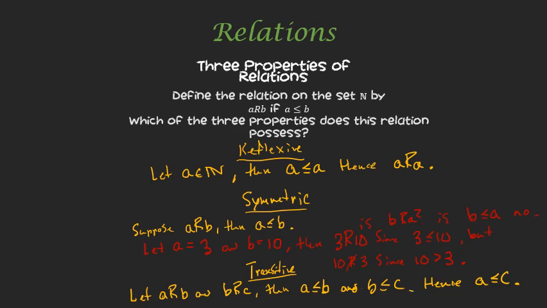If A is less than or equal to B, and B is less than or equal to C, then A must be less than or equal to C. And so this is transitive. So it's reflexive, it's not symmetric, but it is transitive.